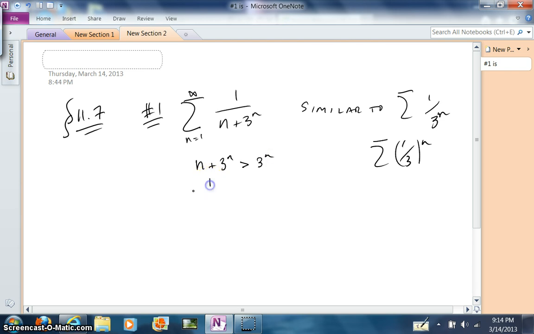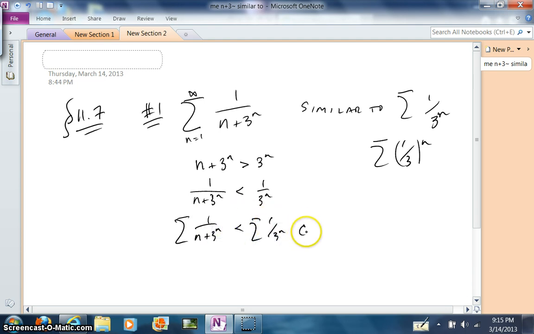So 1 over n plus 3 to the n is less than 1 over 3 to the n. So the sum of 1 over n plus 3 to the n is less than the sum of 1 over 3 to the n, which converges. Therefore, the one we were interested in converges.